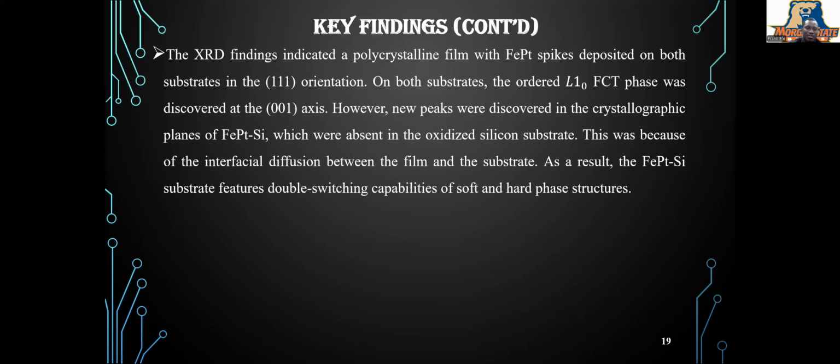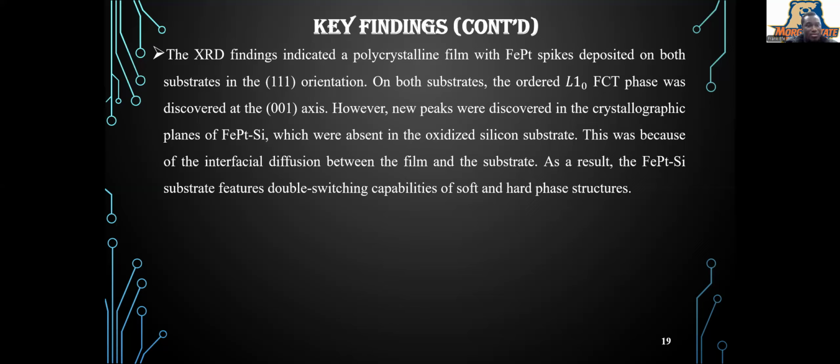The XRD findings show the presence of polycrystalline thin film with 111 orientation. On both substrates, that is the silicon and oxidized silicon, the ordered L10 phase was discovered at the 001 axis. However, new peaks were observed in the crystallography phase of iron platinum on silicon, which were absent on the oxidized silicon substrate.